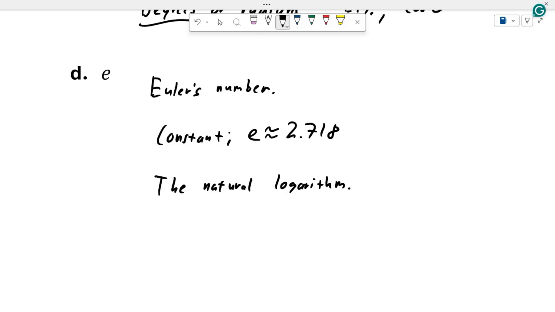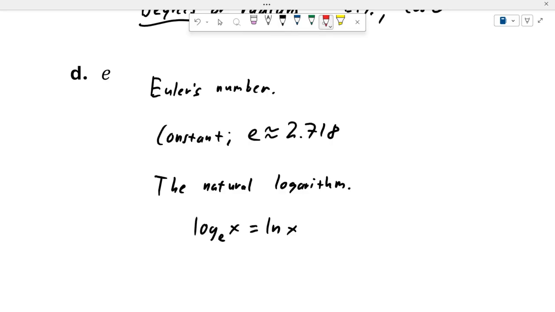But this is what's called the natural logarithm. Logs have a base. We'll just say log of x. If your base is e, so this is the log of x base e, or log base e of x, well, that has a special notation where it's just the natural log of x, ln of x.